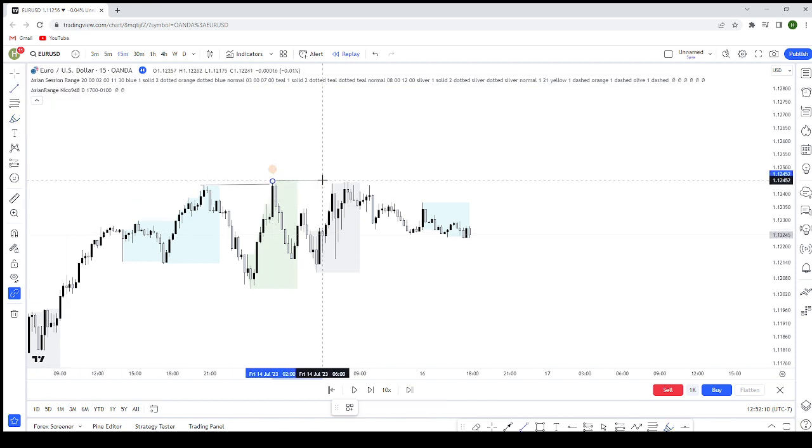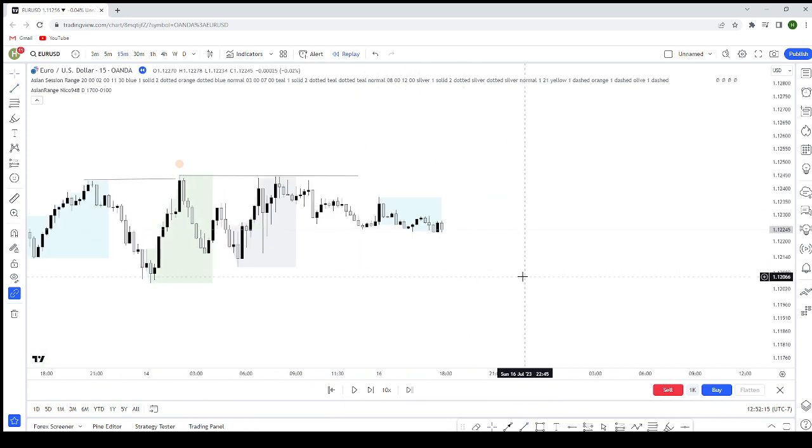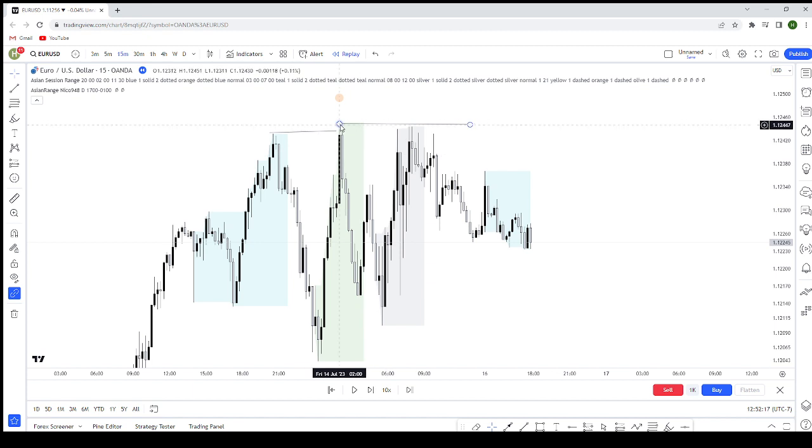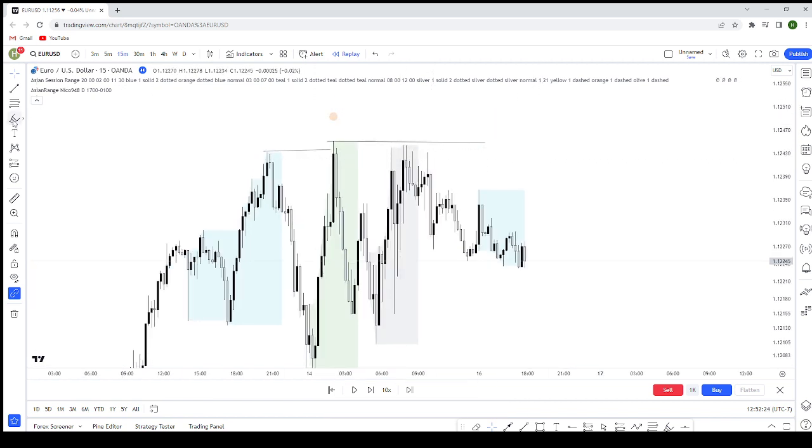And then from the London session we had these equal highs being printed. Even though there's some room on it, these are pretty much equal highs in my opinion. It's super close, and this is a valid liquidity point. So you could see.